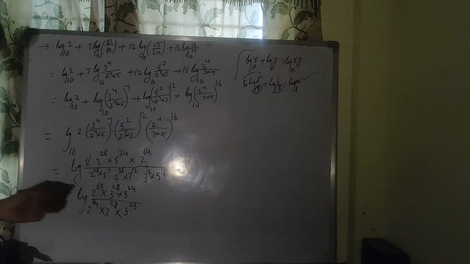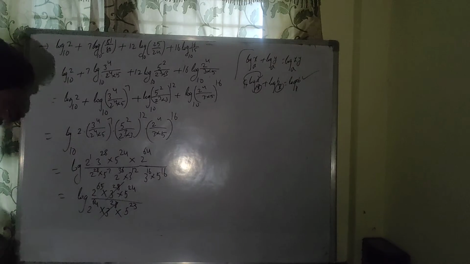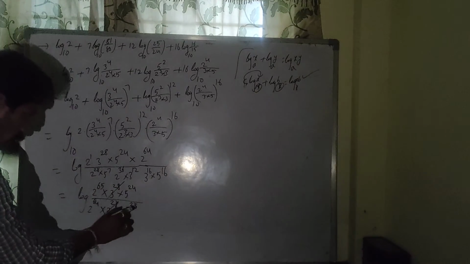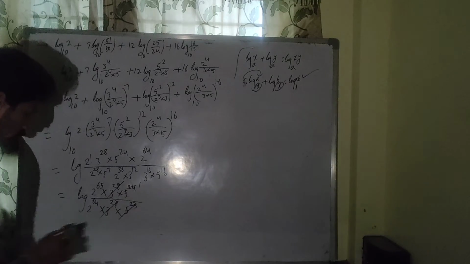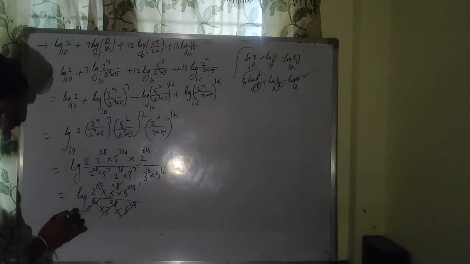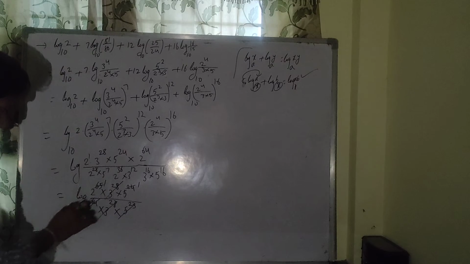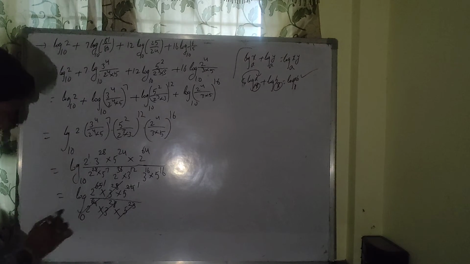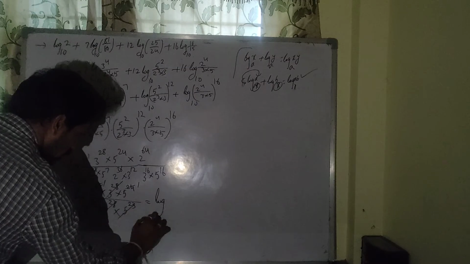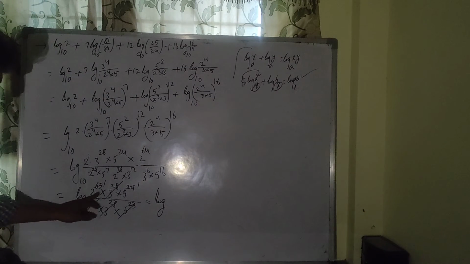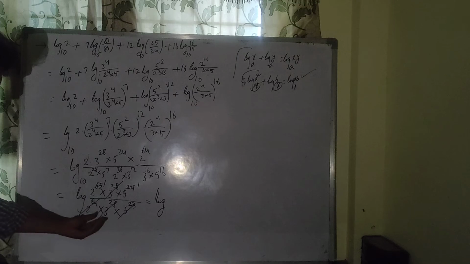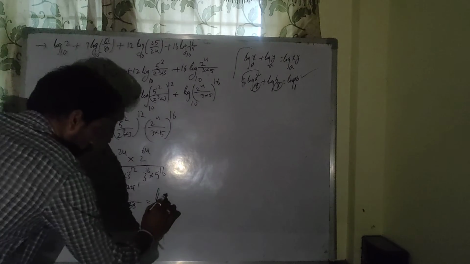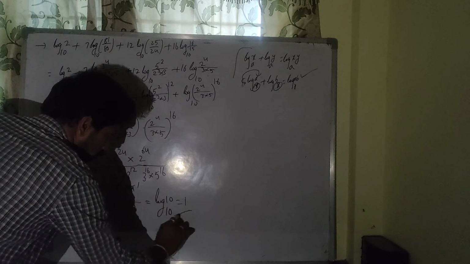Okay, this is the simplest way. So 3 power 28, 3 power 28 get cancelled. 5 power 24 and 5 power 23, one 5 is left. So 5 power 1. 2 power 64, 2 power 65, one 2 is left. So with the log base 10, this is also base 10, this is also base 10. So what you have is leftover: 2 is there, 1 5 is there, 2 5s are 10, and the total denominator cancels. So log 10 to the base 10, this value becomes 1.